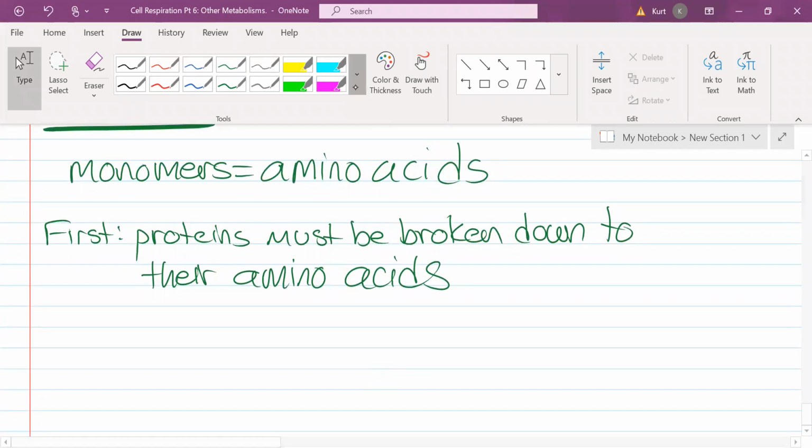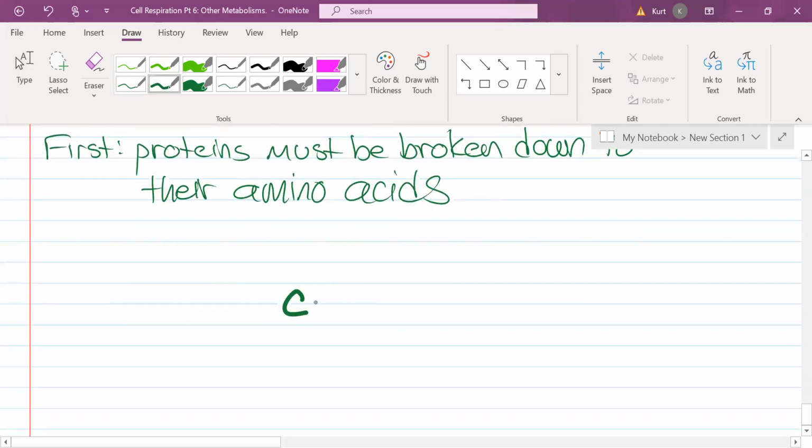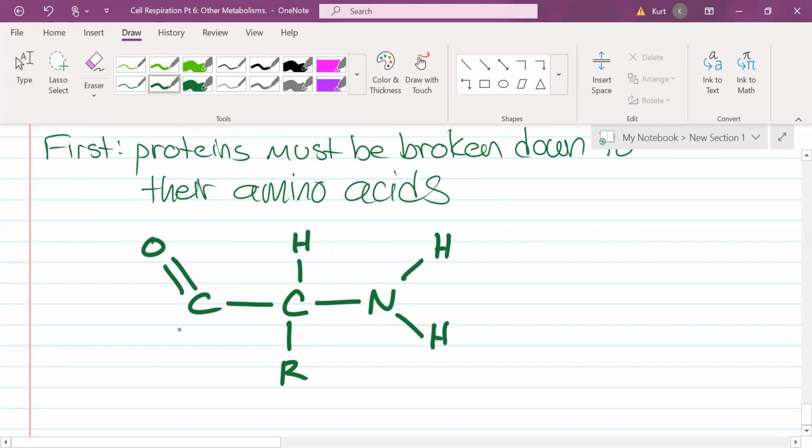If you do not remember what an amino acid looks like, I'm going to jog your memory. Let's see what you remember from Unit 1.